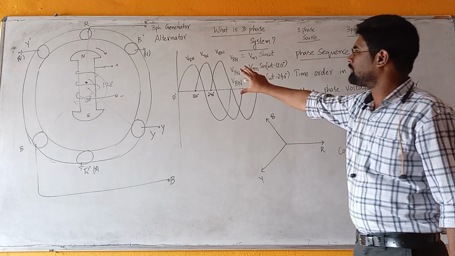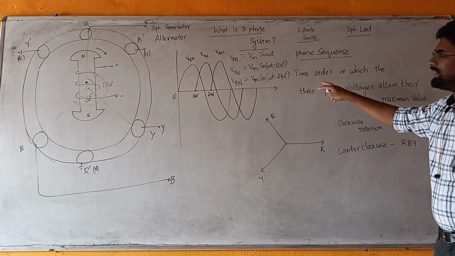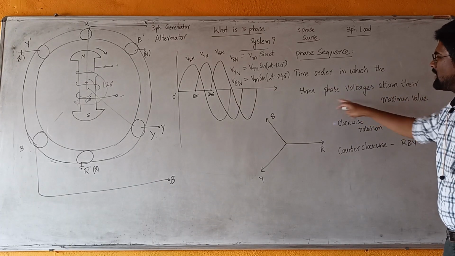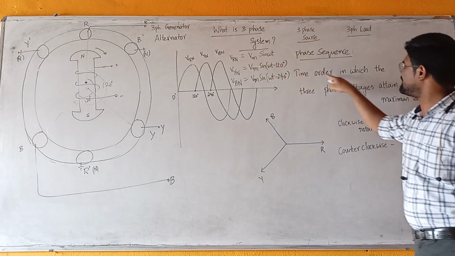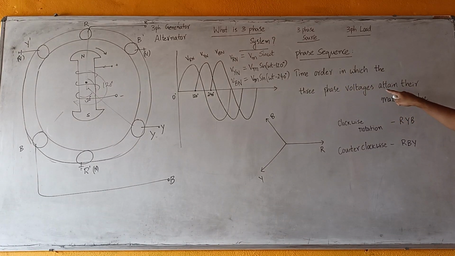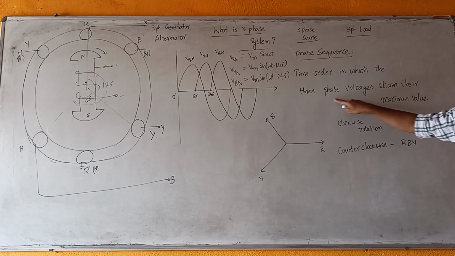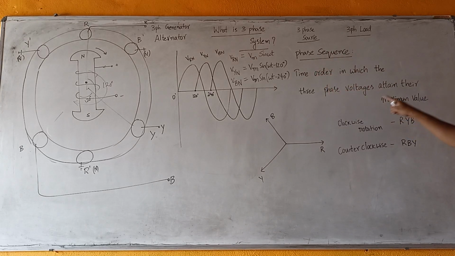And from this we can define phase sequence as the time order, the sequence in which the three phase voltages VRN, VYN, VBN attain their maximum value. Which voltage reaches maximum value first?